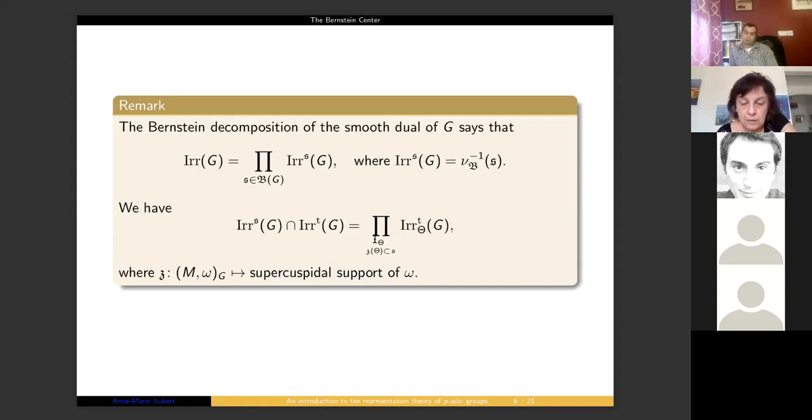It is a product of the tempered series that we have seen before, T_theta(G), for all the theta with the property that the map Z, which is the supercuspidal support map for theta, sends theta into the Bernstein component S. This will be interesting, hopefully, because it will relate the Bernstein decomposition with the tempered world.